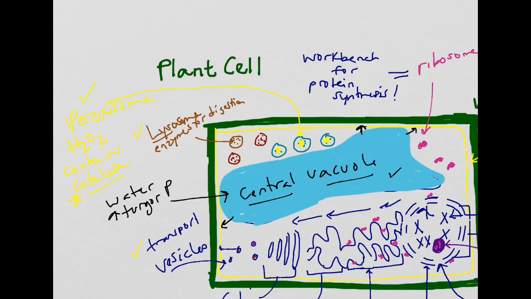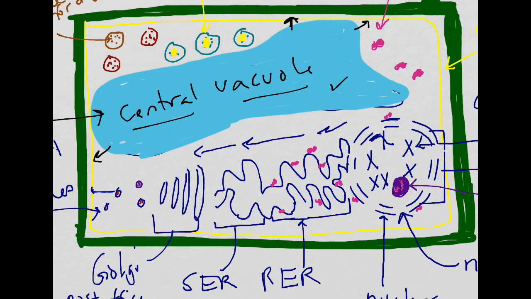Okay, so now the next organelle we're going to talk about again is going to be specific to our plants. I'm going to draw it as a light green dot. Okay, and that is going to be the chloroplast. I'm going to draw them all around here. The chloroplast is a type of plastid. We talked about a couple of different types of plastids in class. Plastids usually contain a pigment, or they act as a storage site.